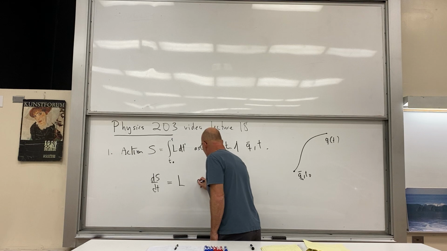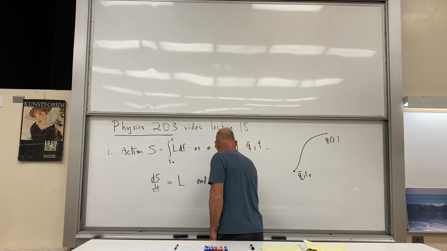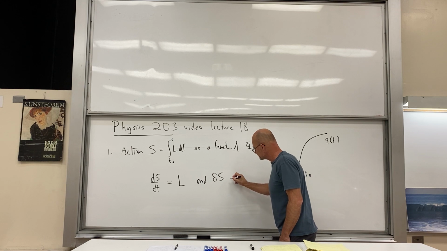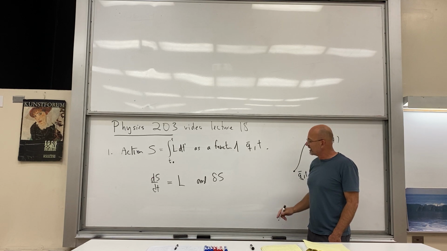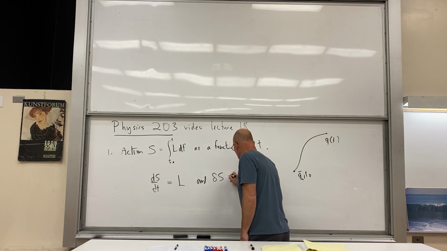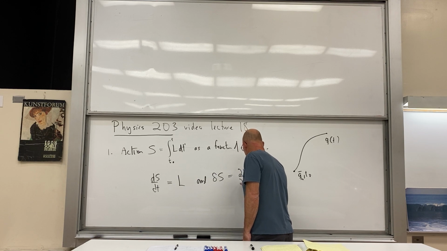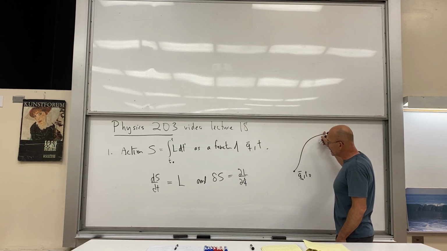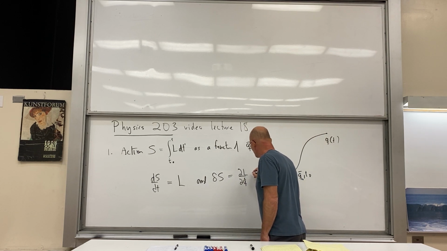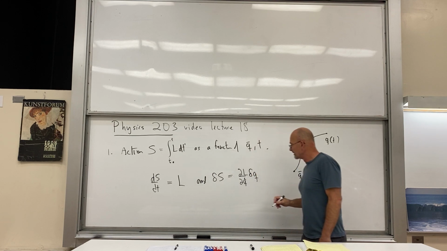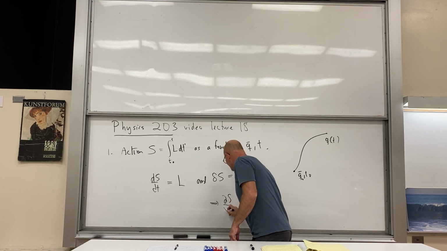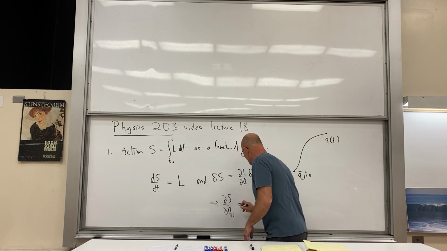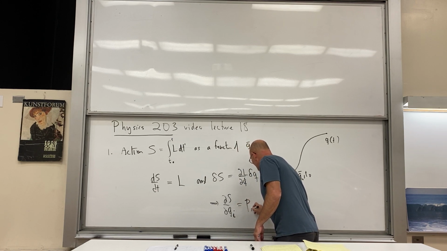But if you vary S the way we did originally, you find that at your upper bound, dS/dq_i is equal to p_i.